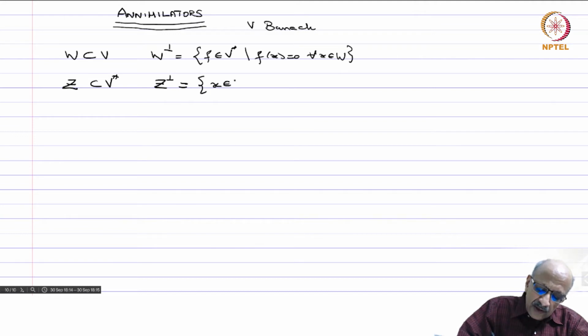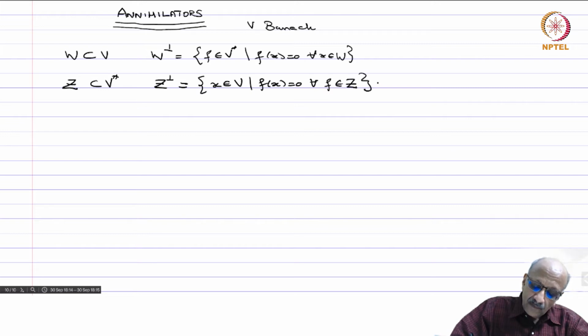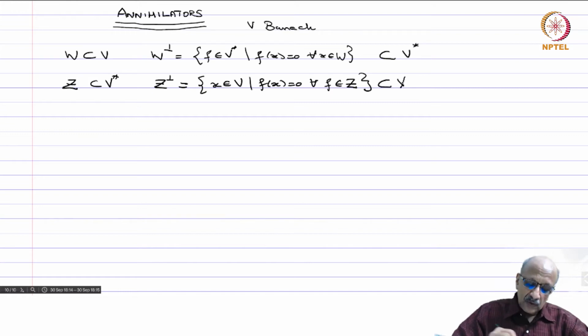So this is the set of all x in V such that f(x) is 0 for all f in Z. So this is a subspace of V star and this is a subspace of V. So I will use the same symbol. I don't want to change the position of the perpendicular symbol, but from the context, depending on where the subspace is living, we will understand where the space is.